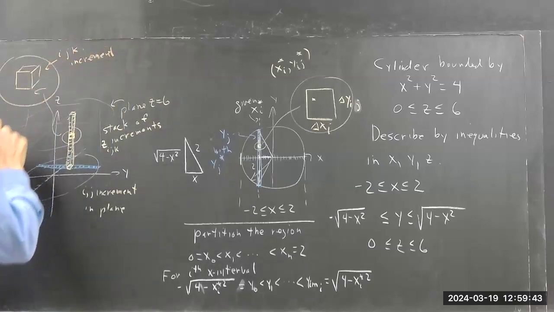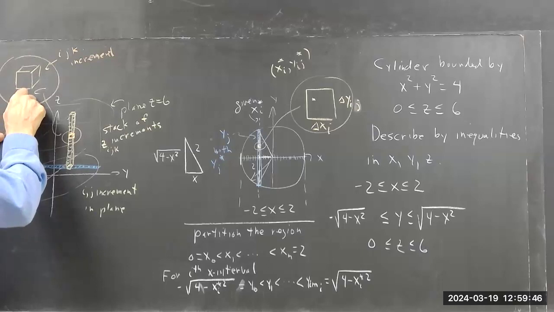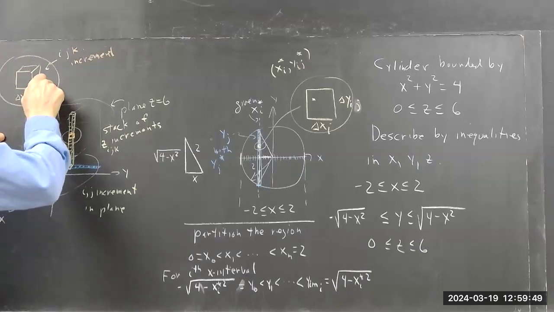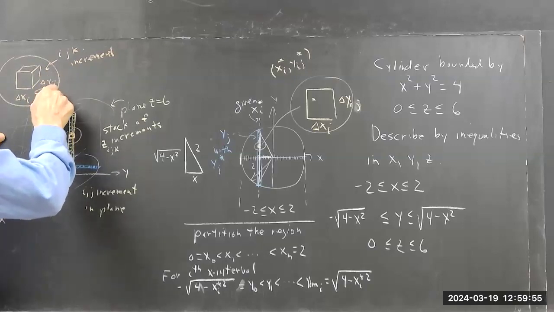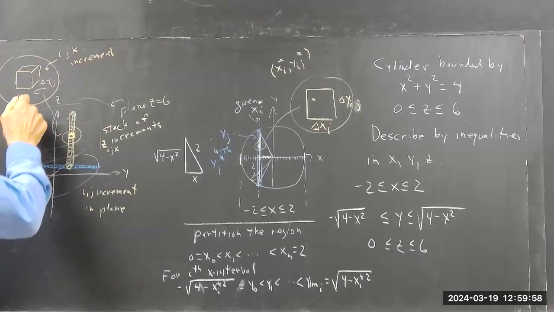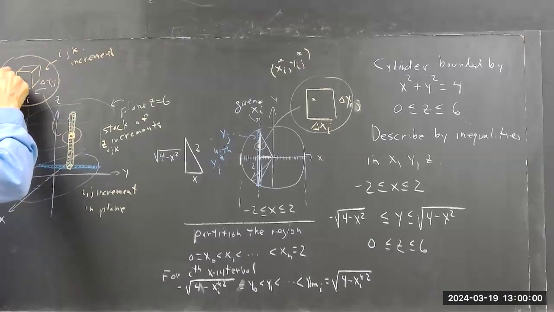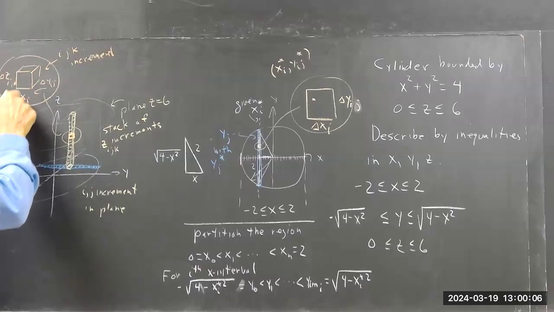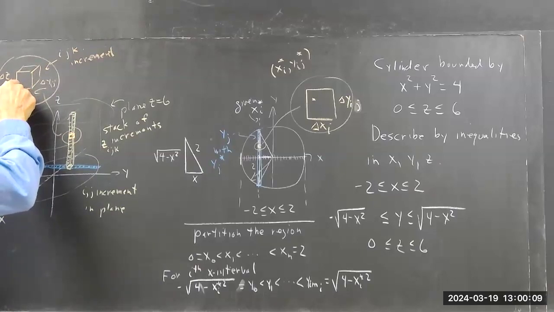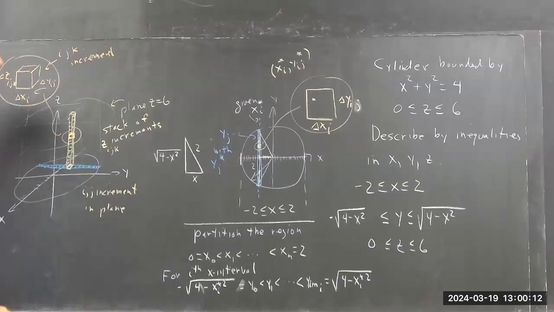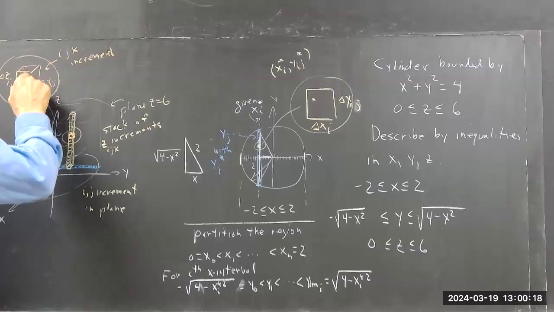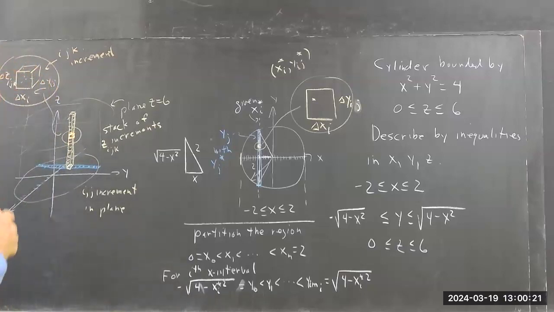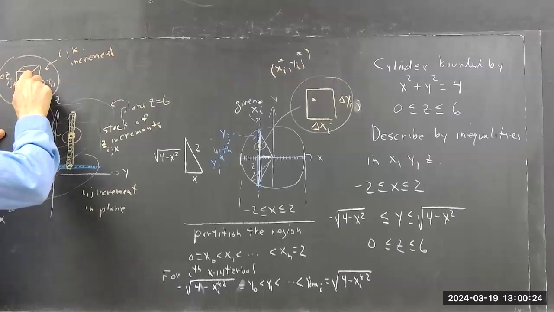There's your IJK increment. It's delta x sub i, delta y sub ij, and then delta z sub ijk. A little hard to write that in the space I have, but that's my attempt at it. And somewhere within this rectangular increment, we have a sample point.